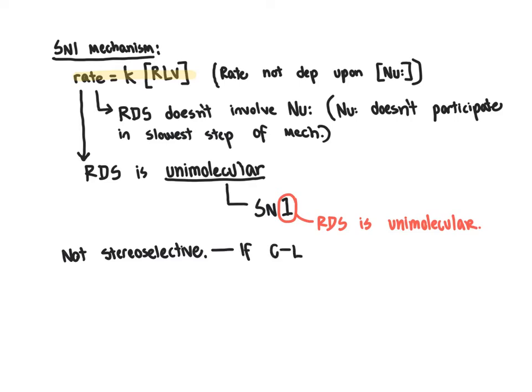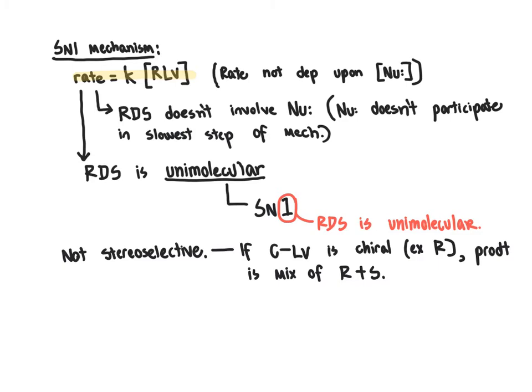and to illustrate that, if we start off with a chiral carbon bonded to the leaving group, in other words, that carbon is specifically R chirality, the product at that location is going to be a mixture of R and S. There's going to be no preference for maintaining that stereochemistry of R, or no preference for flipping it to the S chirality.